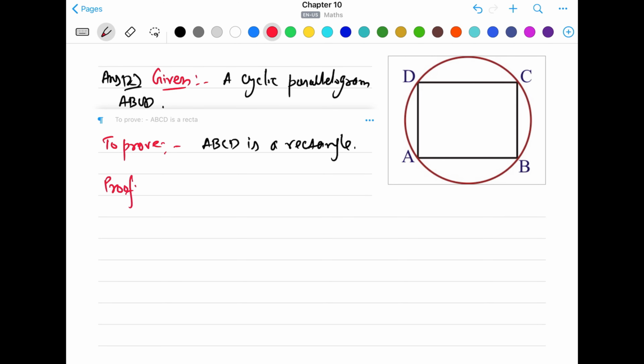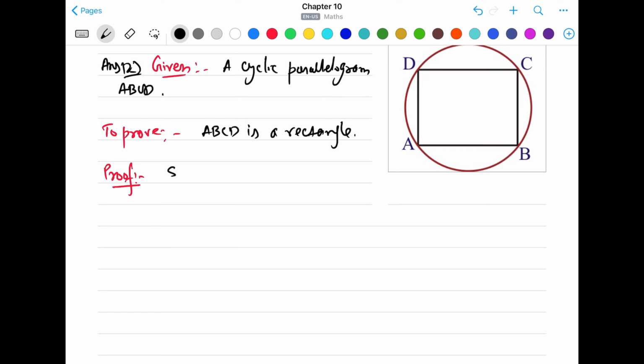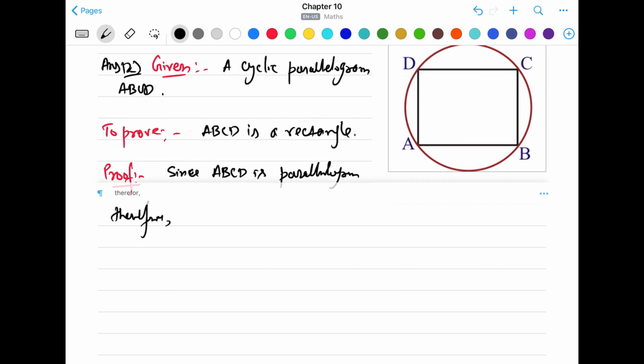Okay, let's start this proof. The proof is: since ABCD is a parallelogram, therefore each pair of opposite angles will be equal, that is, angle A will be equal to angle C. Also, angle A plus angle C will be equal to 180 degrees.